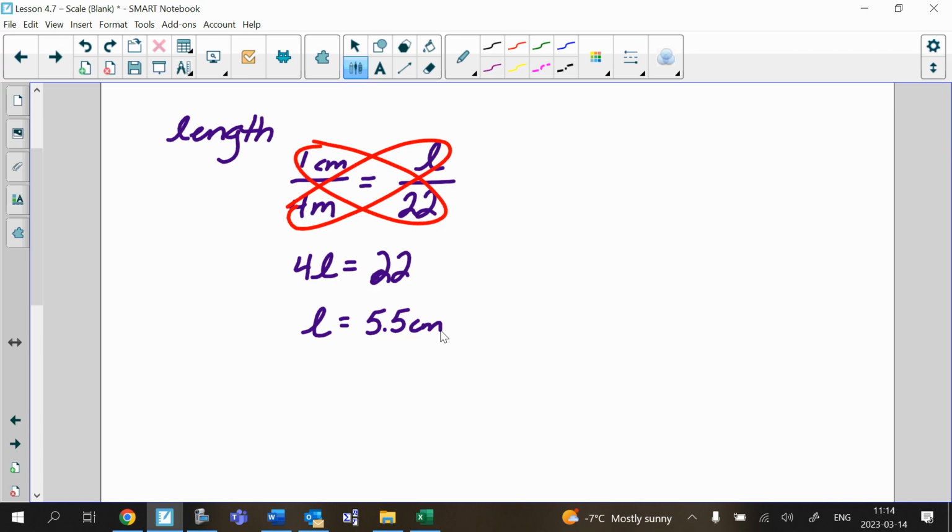Finally, to find the width, again, we use the original scale, 1 centimeter to 4 meters. I want to know the width on the scale, so I put the unknown up top, over the actual width, which I know is 14. Cross multiply.